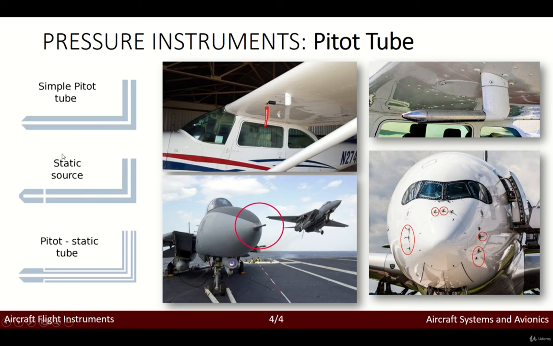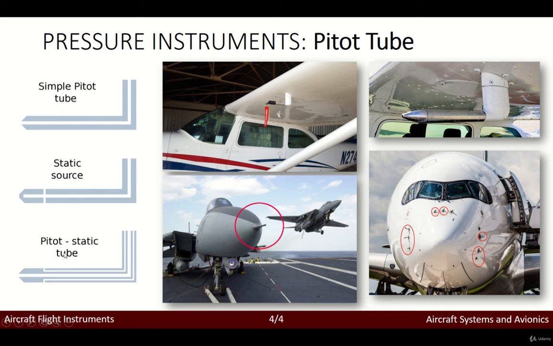Instead, if we use a static source, that would be by closing the initial part that we have over here and putting a couple of holes over here in a perpendicular direction with respect to the flow, what we are getting is a static source. So we could actually define some kind of geometry like this, but getting only the static pressure.